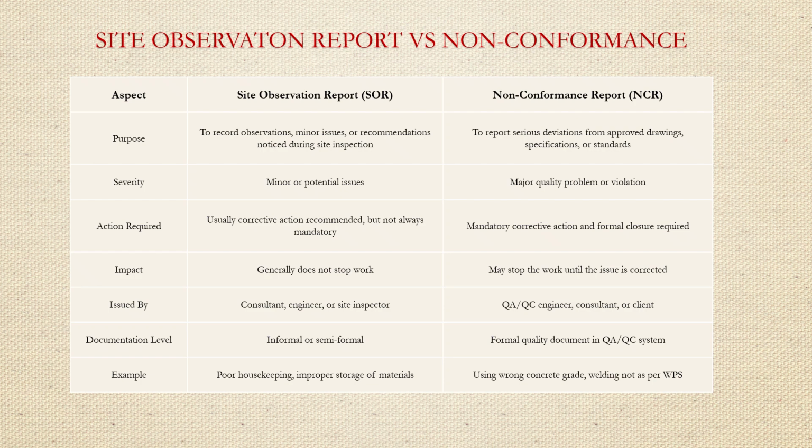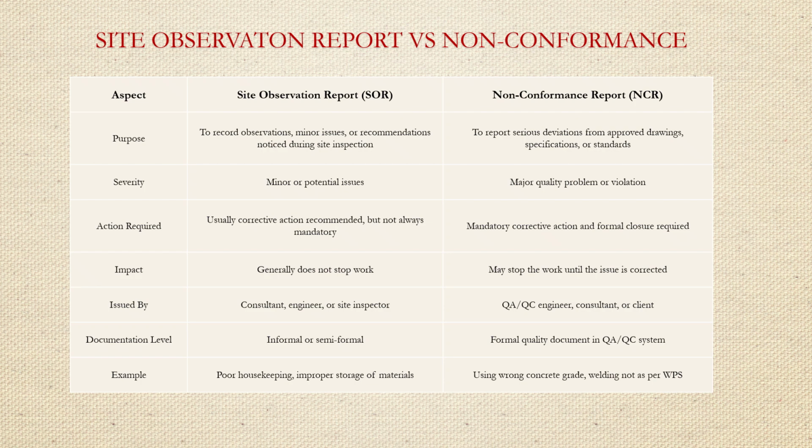formal closure required. Impact of SOR generally does not stop work. Impact of NCR may stop the work until the issue is corrected. Site observations are issued usually by a consultant, engineer or site inspector, while NCRs are issued by a QA/QC engineer, consultant or client.